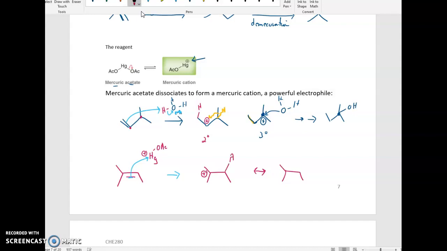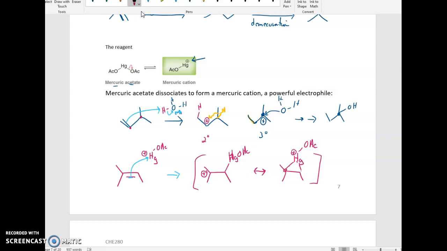The mercury is here, and it's also going to be like this. So the mercury is attached a little bit to both carbons. That is enough to keep the whole thing from rearranging.